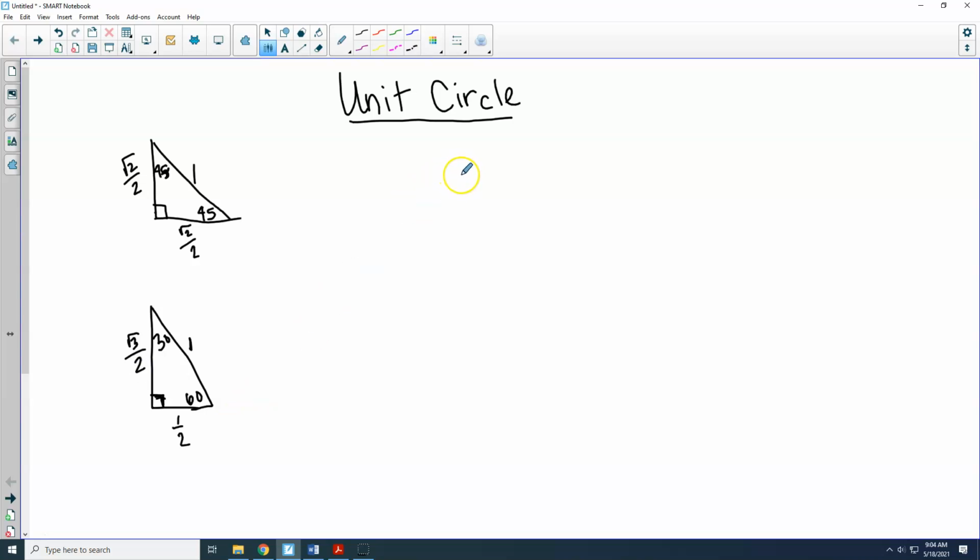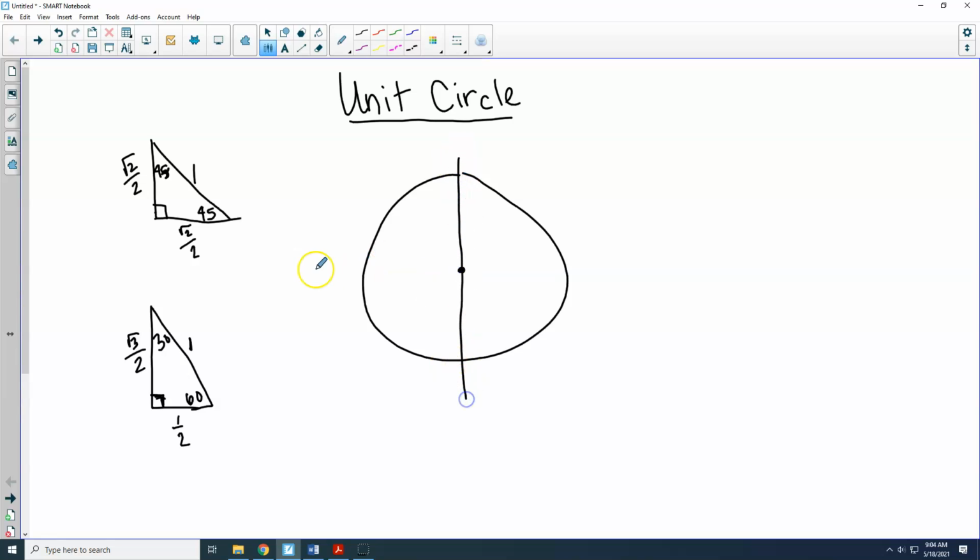So if I take a circle and I center it on the origin of our xy coordinate system, then I can go ahead and use these triangles to learn certain things about some of these functions, okay? Like sine, cosine, and tangent.